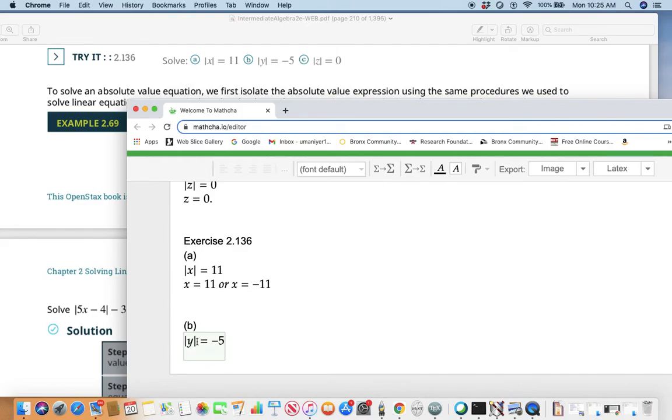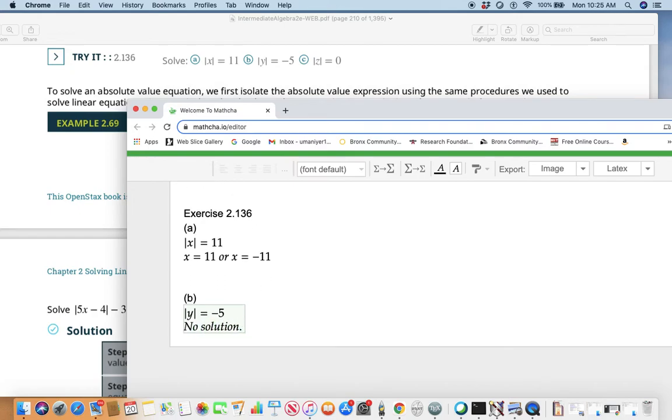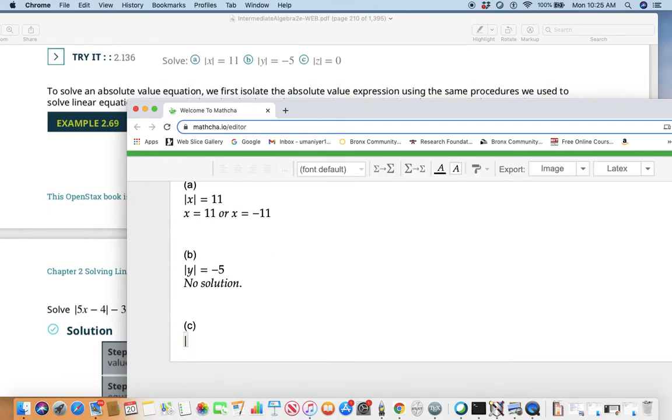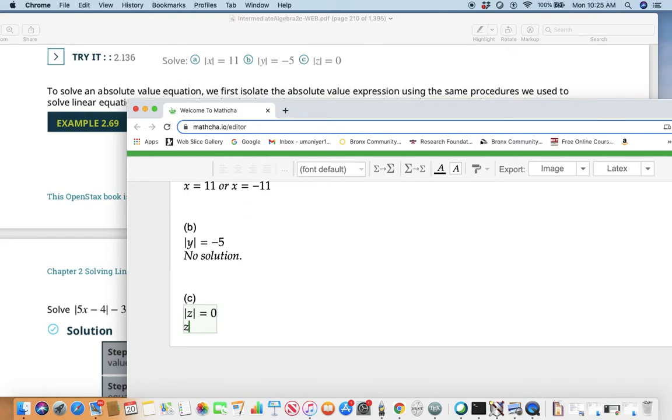Notice absolute value can never be a negative number, so no solution. C. The absolute value of z is 0. That implies z itself is 0. We have solved for z.